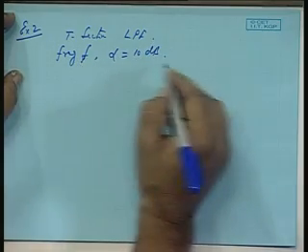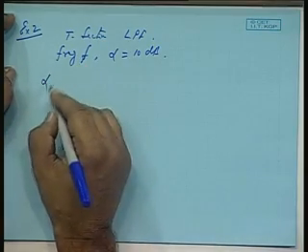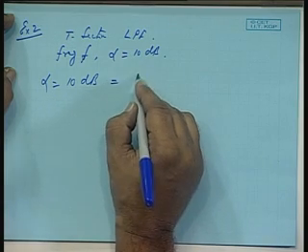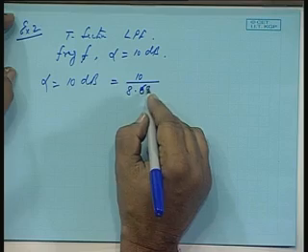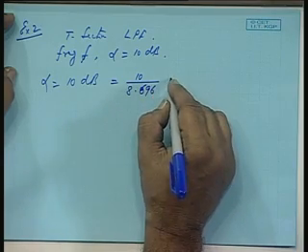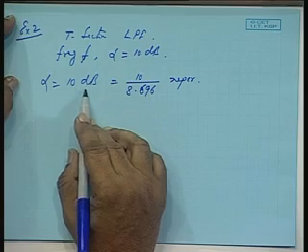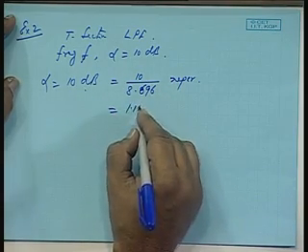So, alpha is given as 10 dB, that is 10 by 8.696. If you remember, we discussed earlier the relationship between dB and NEPA. So, that comes to approximately 1.15 NEPA.